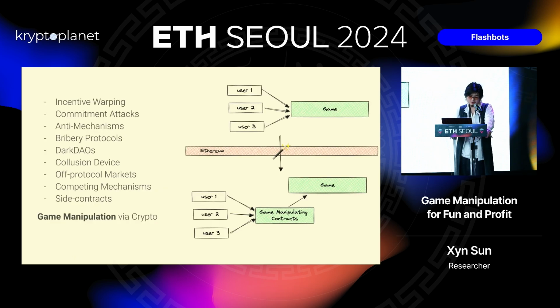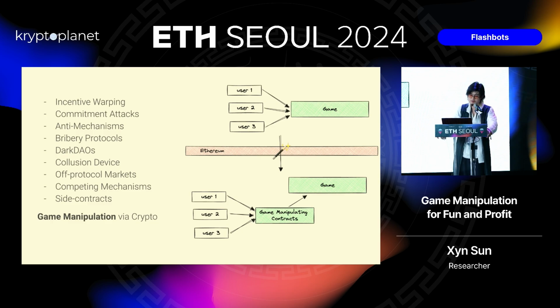Okay, so then what we just saw is essentially how the incentive warping structure works in a really simple game, like a two-player Prisoner's Dilemma game. But now, how exactly does game manipulation via crypto work in reality, right? So similarly, we could draw the social structure as in previously, different users all commit to the game.